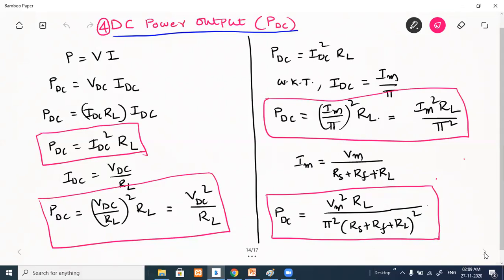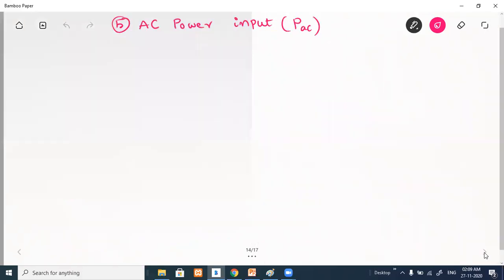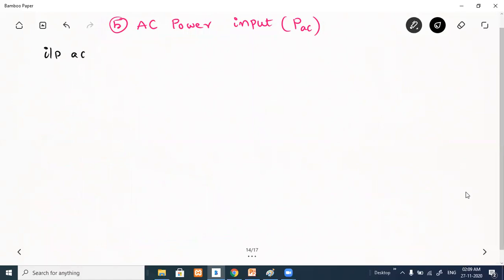Then I'm trying to calculate the AC input power supplied to the half-wave rectifier. The power input taken from the secondary of the transformer is supplied to three resistances, that is Rs, Rf and RL.